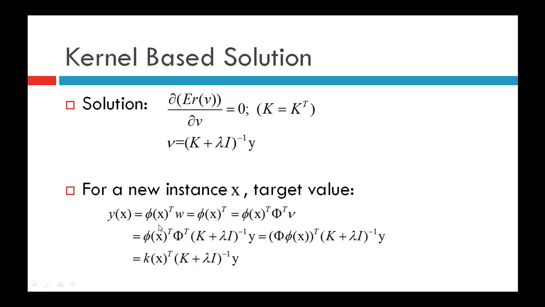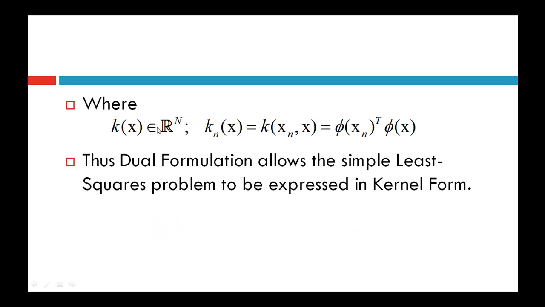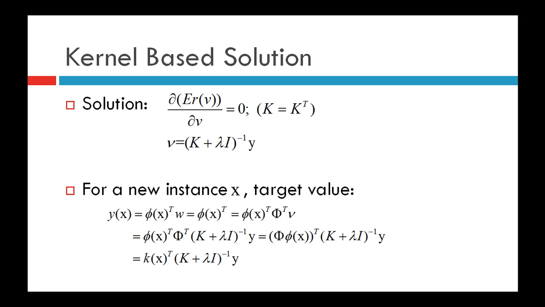Representing this again with the kernel gives us k of x transpose (K plus lambda I) inverse times y, where k of x is a vector in R^n whose nth component is given as k of xn comma x, which is phi of xn transpose phi x, where these n components represent the n training examples used for determining the solution for the vector nu.